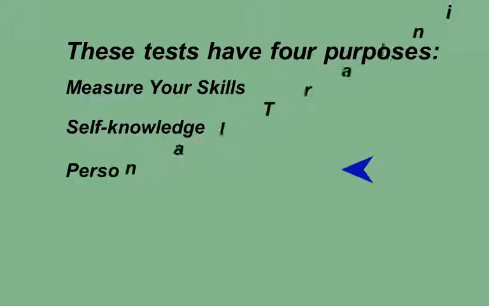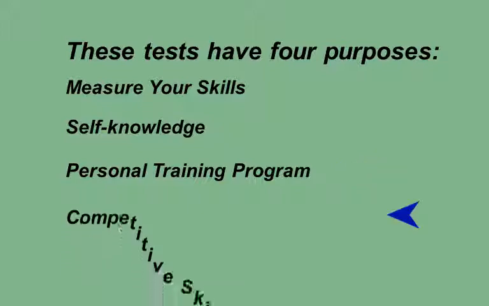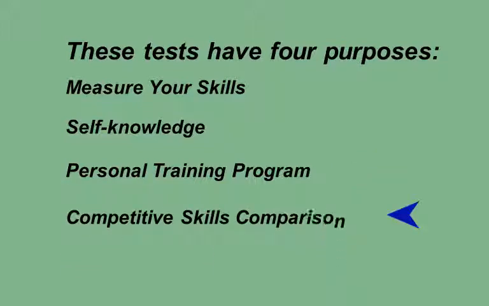Personal Training Program. Individual test shots with low scores indicate what areas you need to improve. Repeated self-testing demonstrates the success of your practice results. Competitive Skills Comparison. You can use tests from the book to challenge other players. Make side bets to see who is the better shooter. Winner takes the pot.